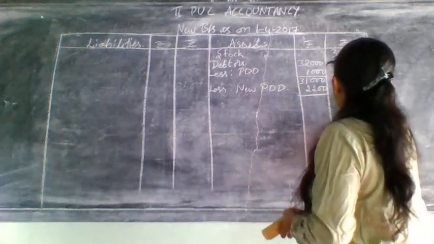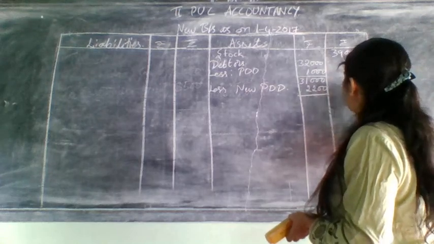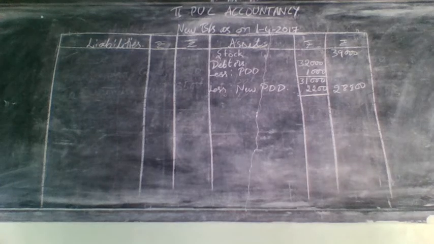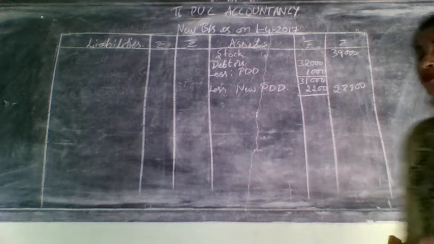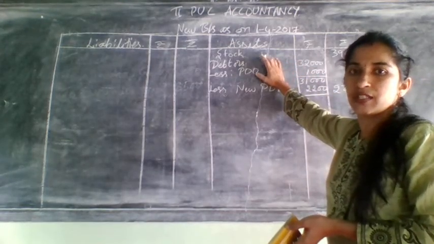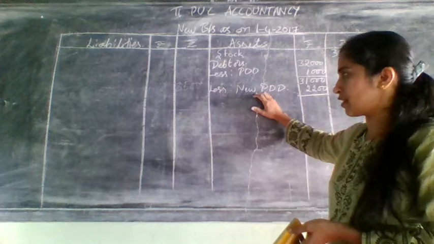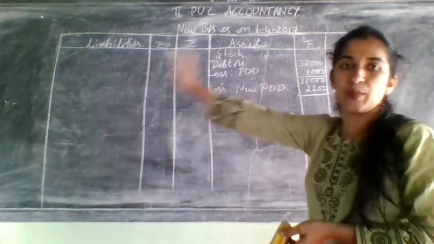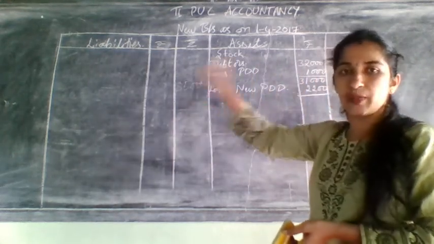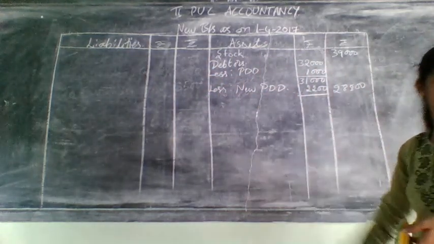It will come 28,800. When they give PDD, first copy whatever is given in the old balance sheet, then take the next amount: if it is on the debit side of the revaluation account, minus; credit side of revaluation means add. It was on the debit side, so write that amount here, minus it and write it in the outer column.